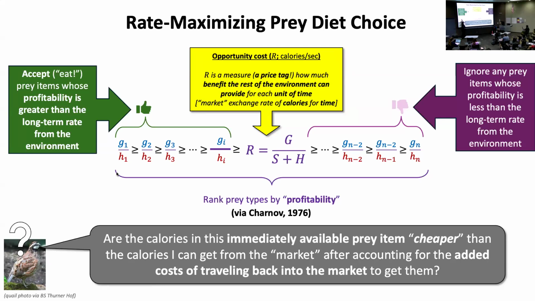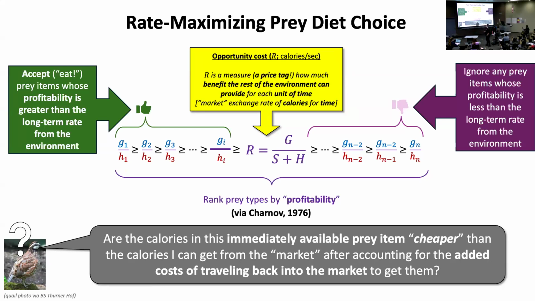And so if I go through all of the possible types of prey items, I could sort them, and with the highest profitability type, so the cheapest calories here, I get the most calories for the least time. These are the most expensive calories over here, so I get the fewest calories for the same time.